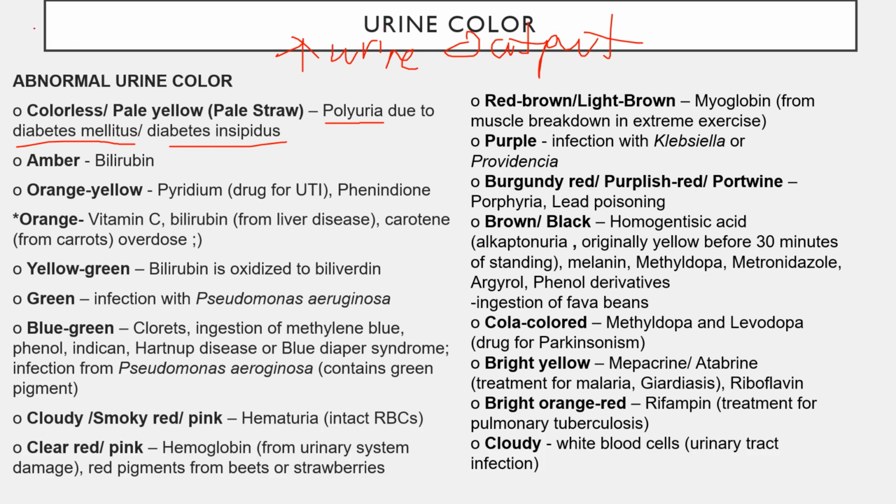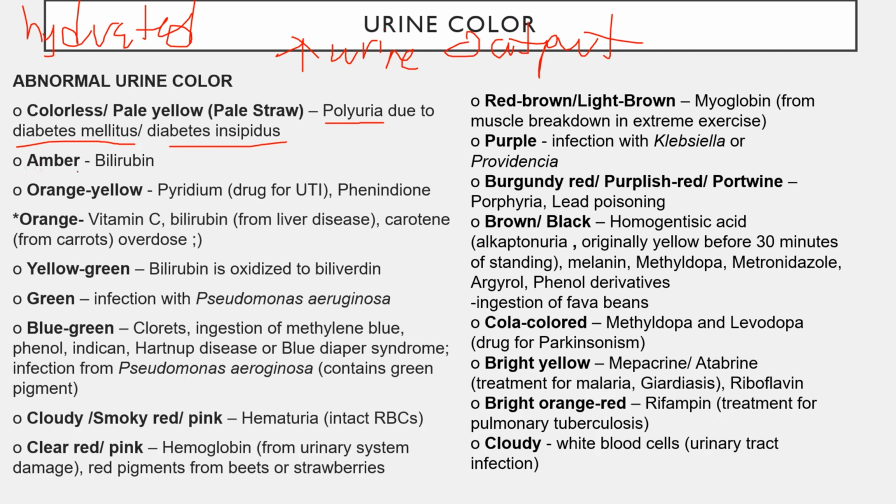But in some cases, class, wherein you just recently hydrated and then urinated, most likely your urine is colorless or pale yellow. But in a disease related context, class, colorless or pale yellow urine is related to polyuria or increased urine output seen in diabetes mellitus or diabetes insipidus.